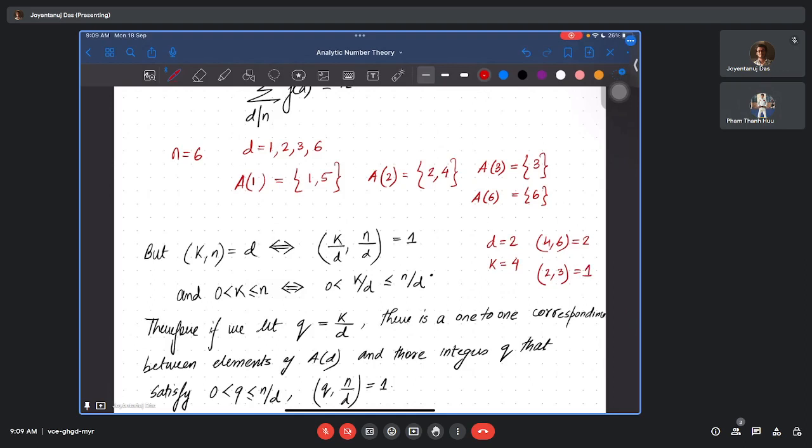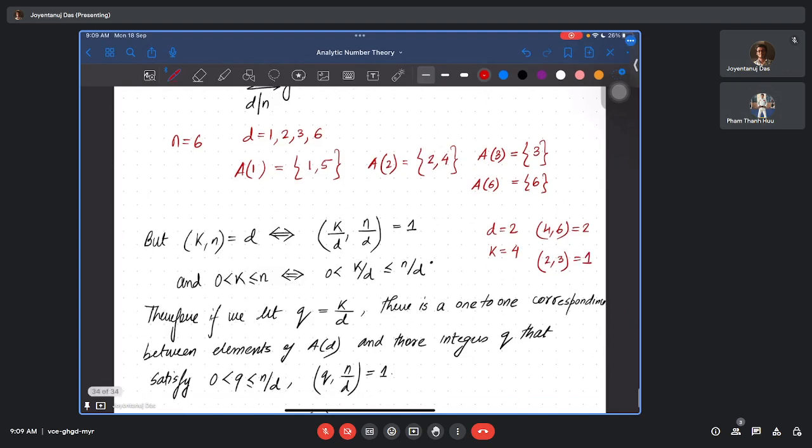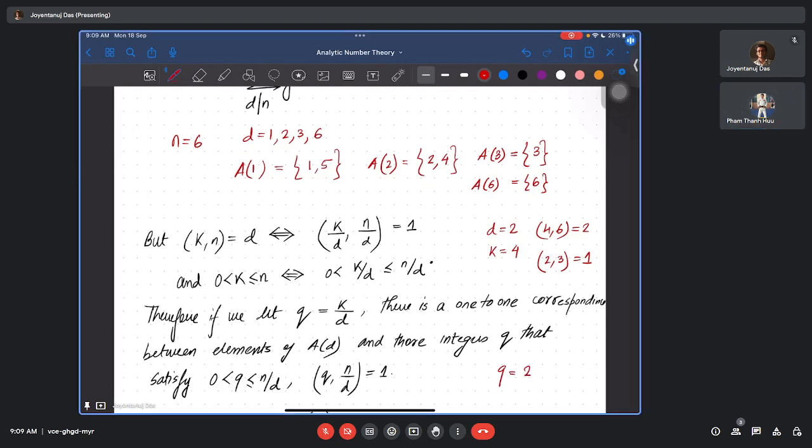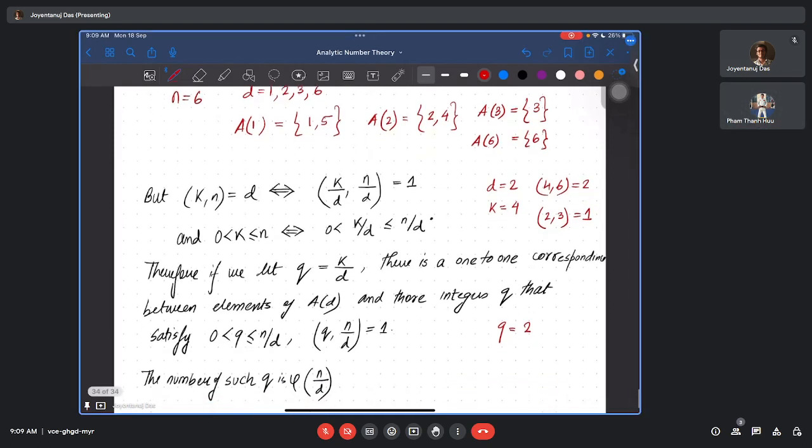So what is q here? q is k by d, so it is 2 here. Now, how many integers are there such that, for example, q is 2 and n by d, where n is 6 and d is 2, so n by d is 3.